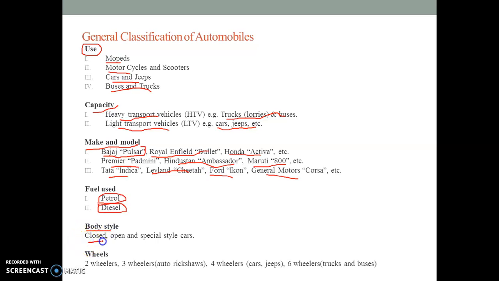It may be closed, open, or special styled cars. And according to the wheels, there are two-wheelers, three-wheelers, which are the auto rickshaws, four-wheelers for cars and jeeps, and six-wheelers, which are for heavy-duty vehicles like trucks and buses.